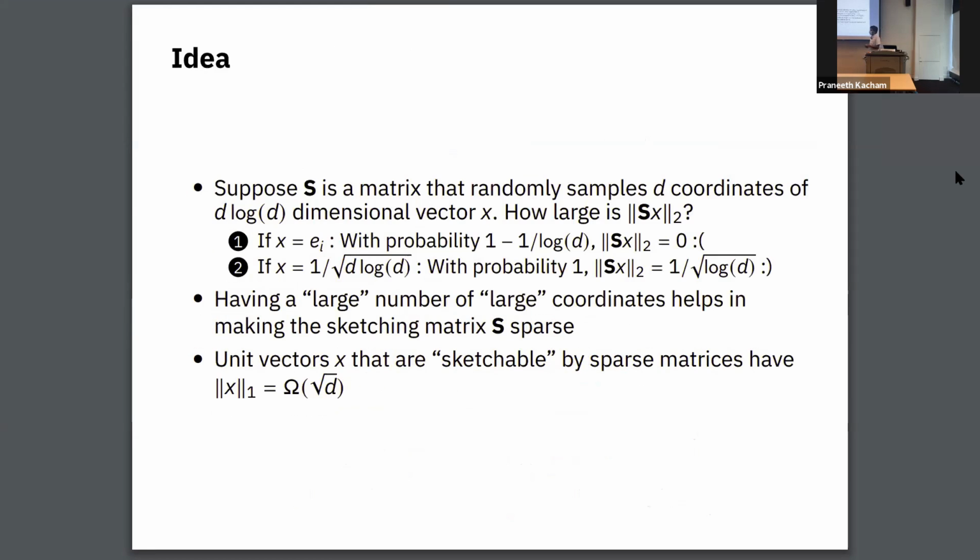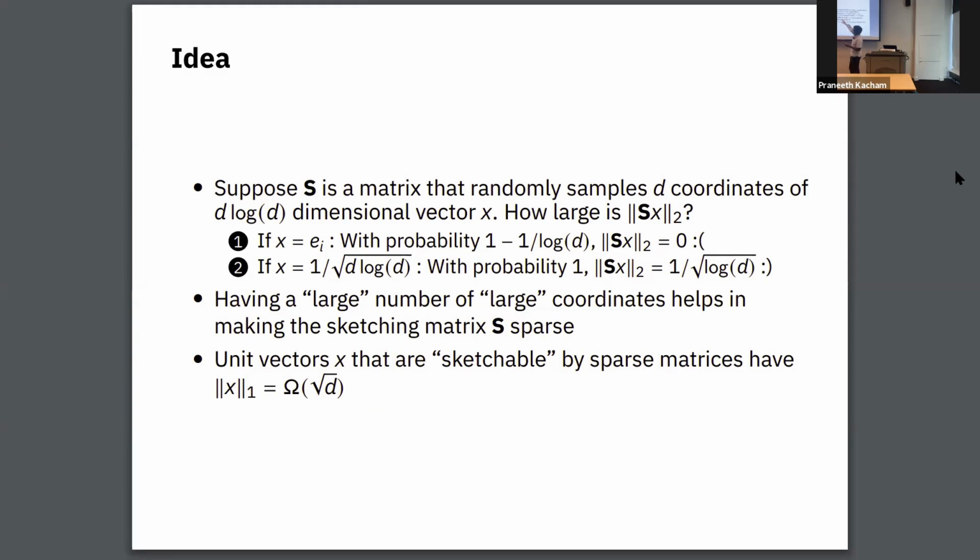Okay, so what's the idea here? Suppose S is just sampling some coordinates of the vector x, and you want S to preserve the Euclidean norm of x. Say x is just a coordinate vector, that is, it has 1 in one coordinate and 0 elsewhere.